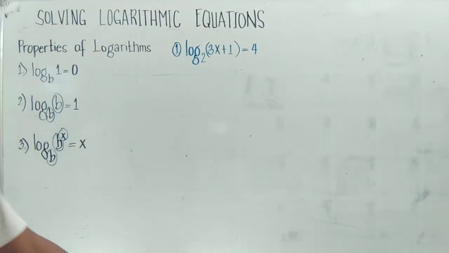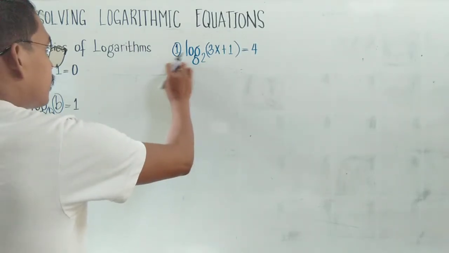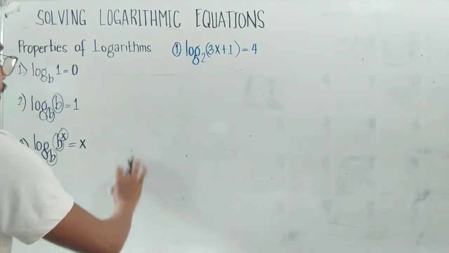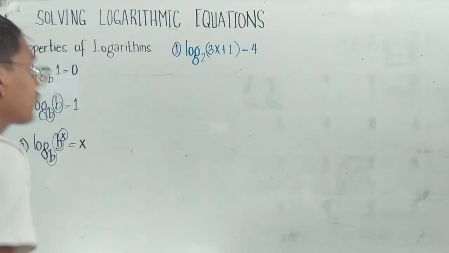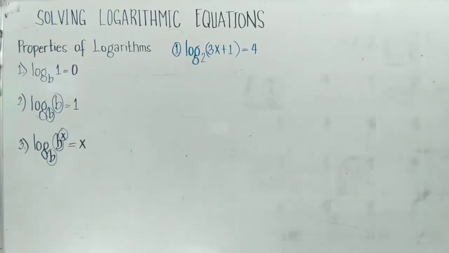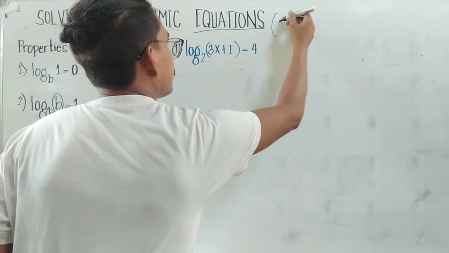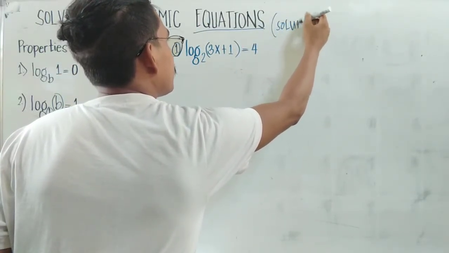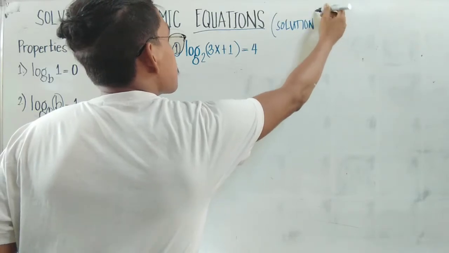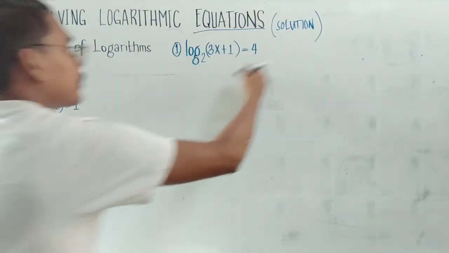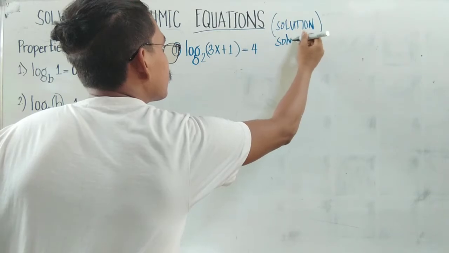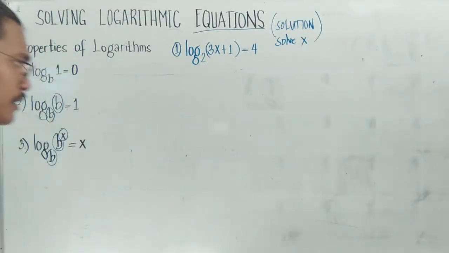In this form of logarithm, we are solving for the equation and finding the solution. So in this case, we will solve for x because x is our unknown variable. Okay?